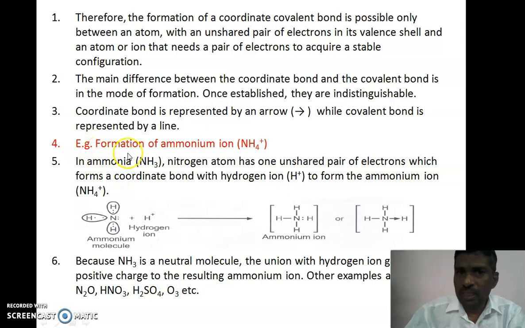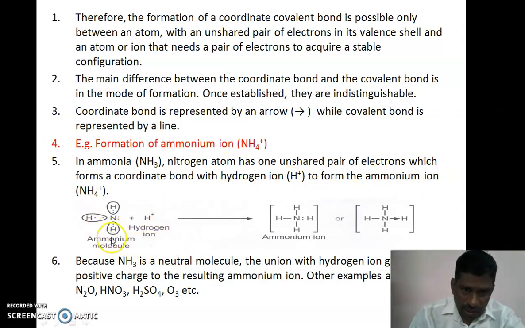For example, the formation of the ammonium ion, NH4 plus. In ammonia, the nitrogen atom has one lone pair of electrons which forms a coordinate bond with a hydrogen ion to form the ammonium ion.